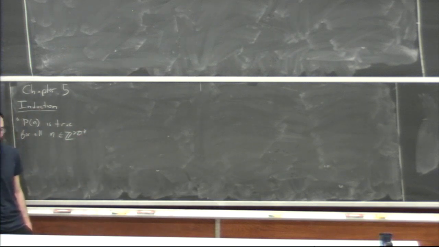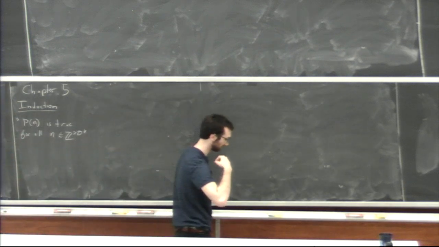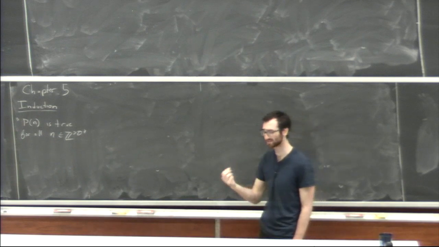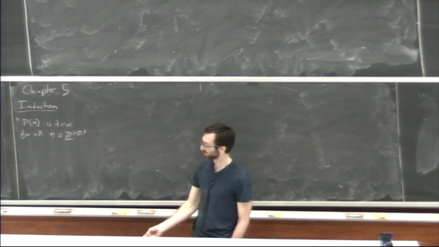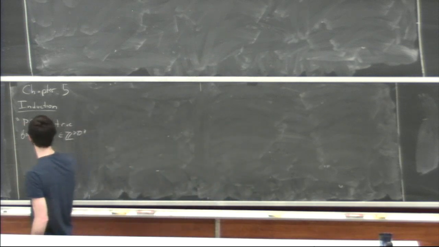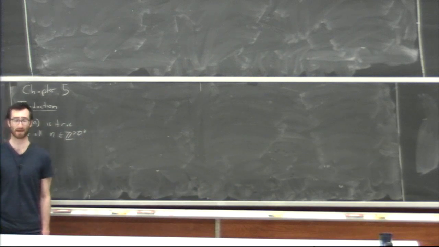But in general, induction is used to prove a whole collection of statements that depend on the positive integers. So the basic idea is we want to show that these statements P(n) are true for all positive integers, and there are two steps.